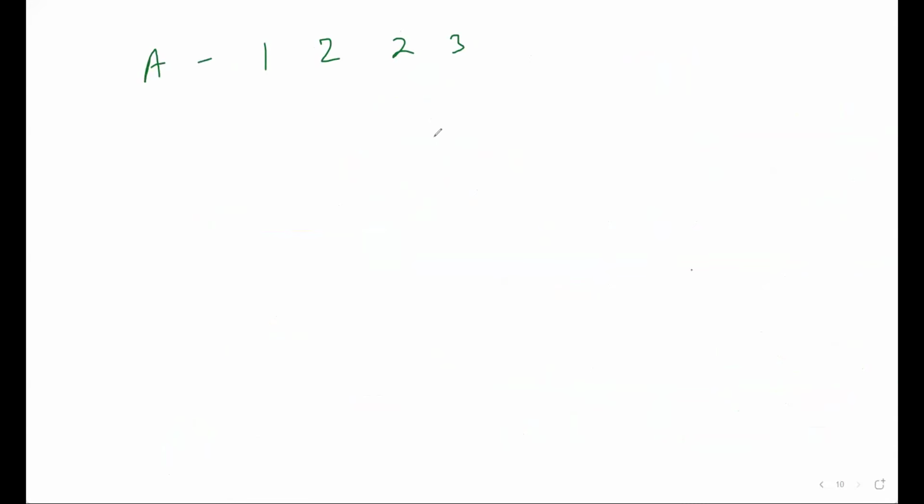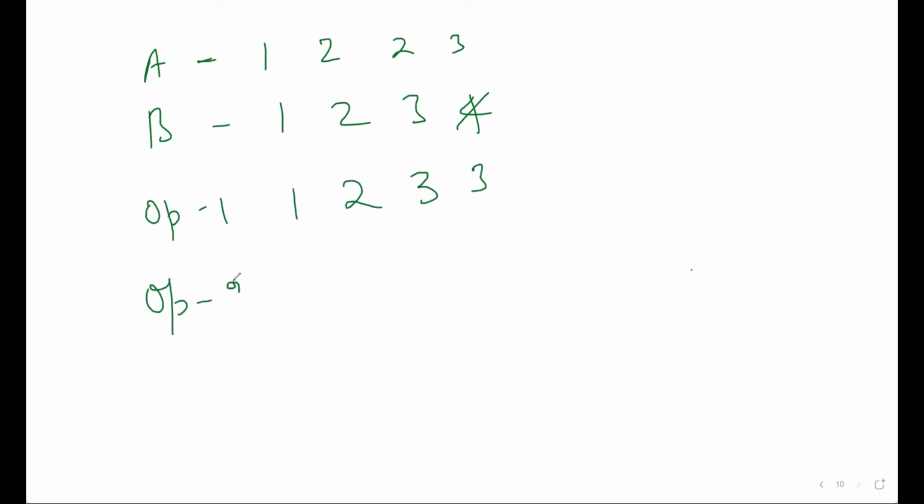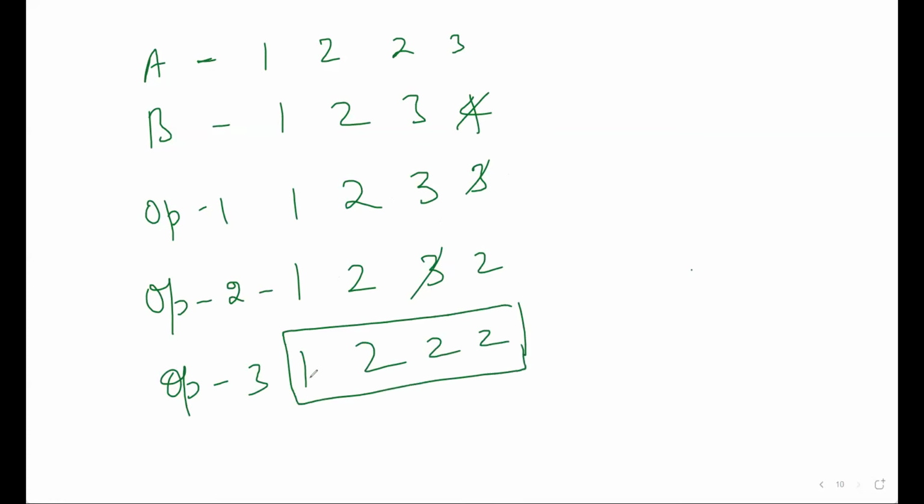No, we are not performing one operation on two arrays at a time. In operation 1, we reduce this 4 to 3, and after operation 1, your array looks like this. In operation 2, we are decrementing, suppose, this value to 2. In operation 3, we are decrementing this value to 2. So your B array is converted in 3 operations.